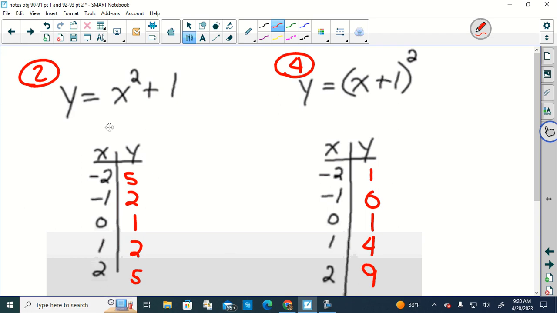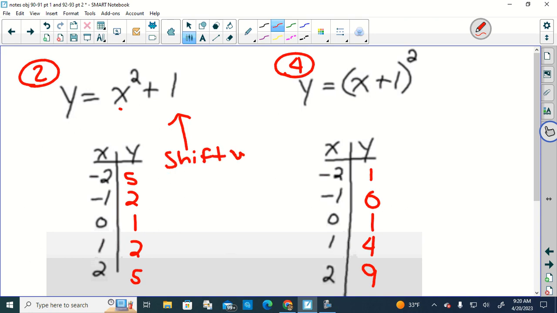So anytime you have just this, we know that the origin is going to start at 0, 0. So we know what that parabola looks like. It starts at 0, 0, and then you go over 1, up 1, to the left, and up 1. But as soon as you have this, this is shifting on the y-axis up 1.